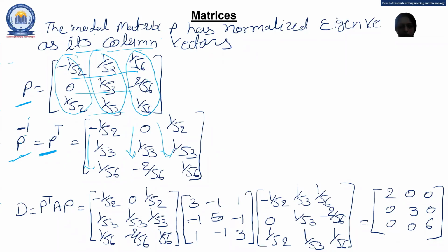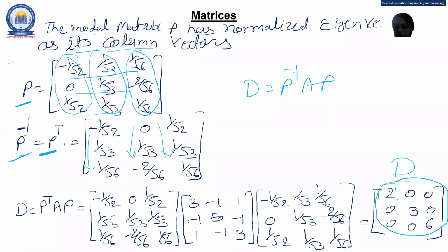So here D is P inverse AP. Here P inverse is P transpose, so this is P transpose A P. You get this normalized matrix, which is orthogonal. See, these are the only elements of the main diagonal, and other elements are 0.